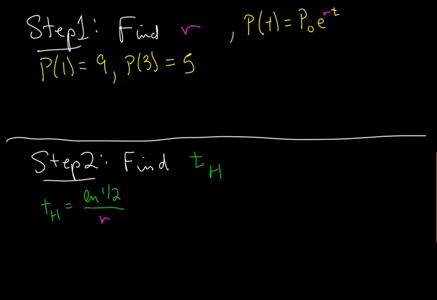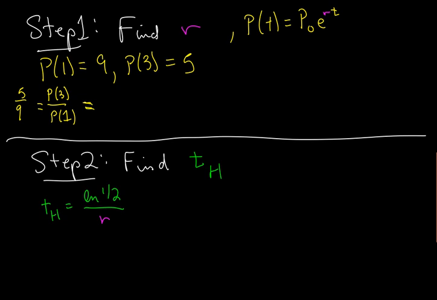P0 is what you get when t equals 0, and that wasn't given to us. So actually, as you'll see, it's not going to matter. But anyway, look what I'm going to do here. I'm going to divide p of 3 by p of 1. We know that that's equal to 5 over 9.